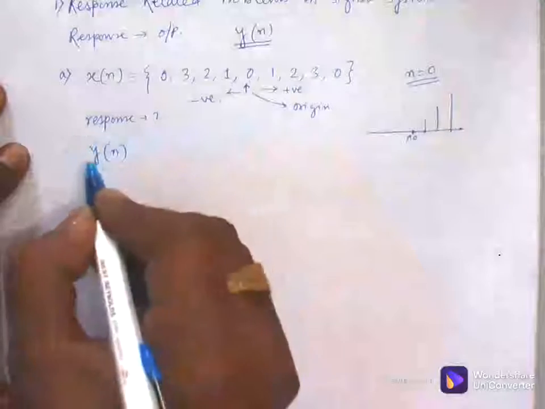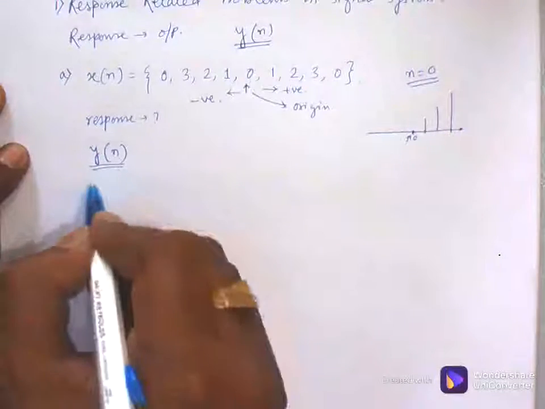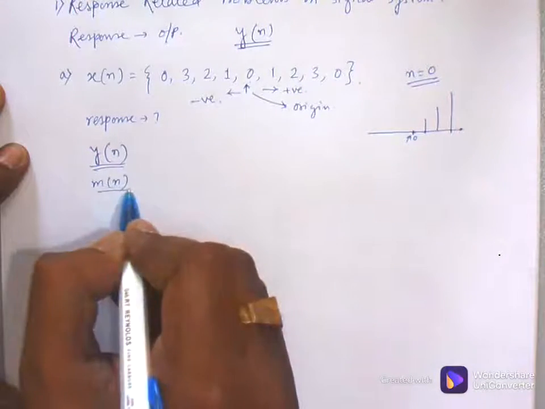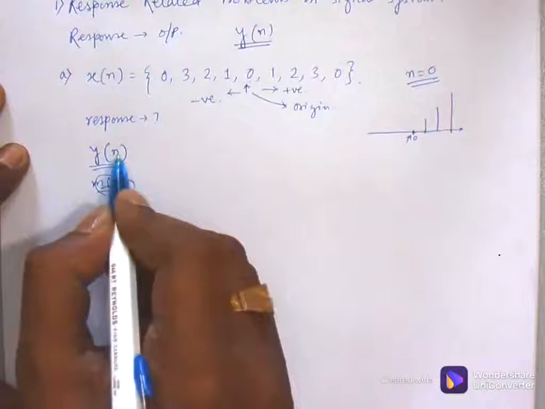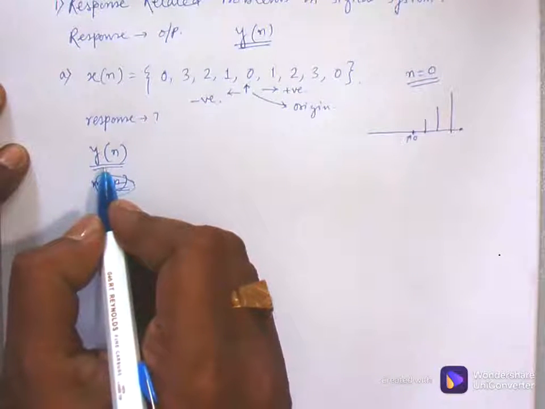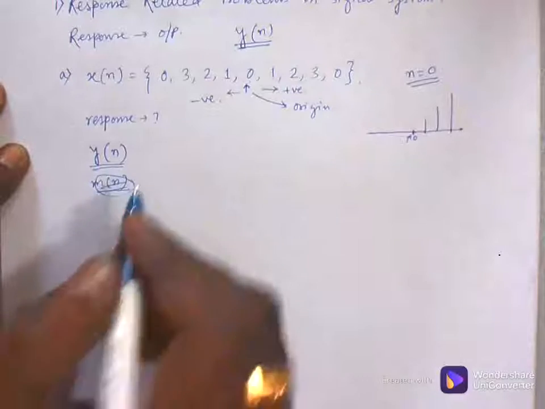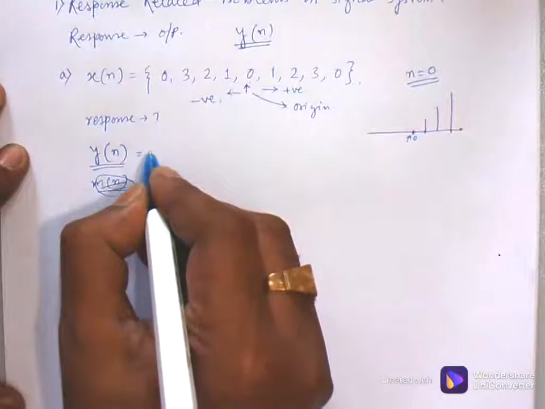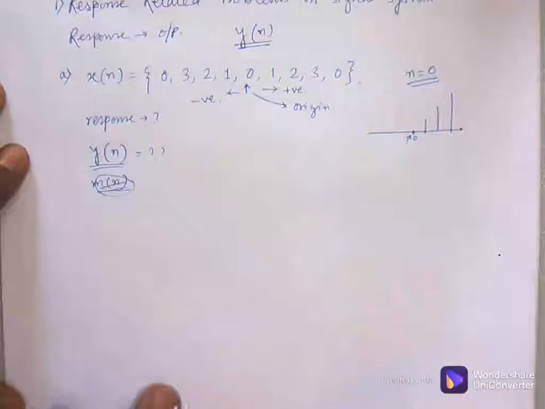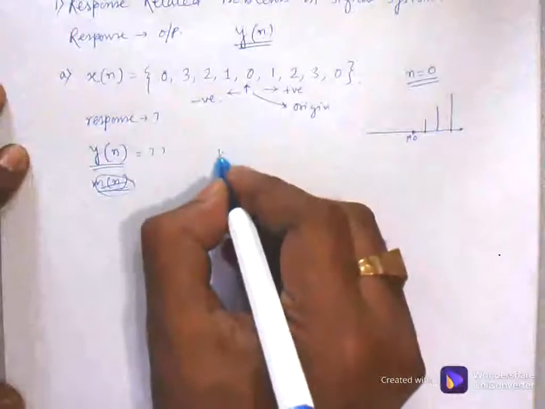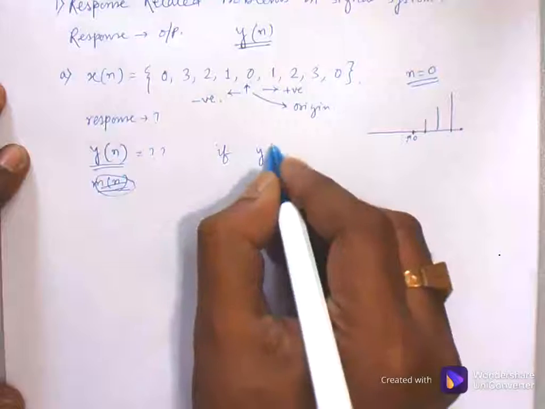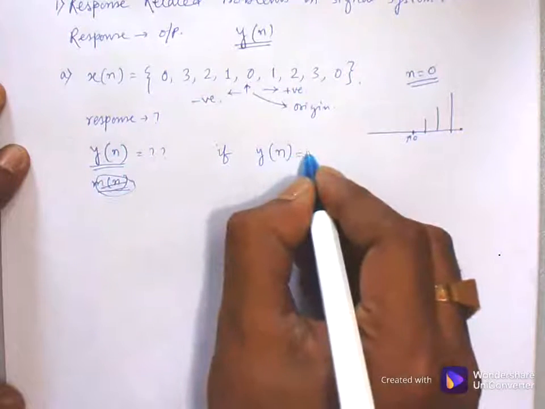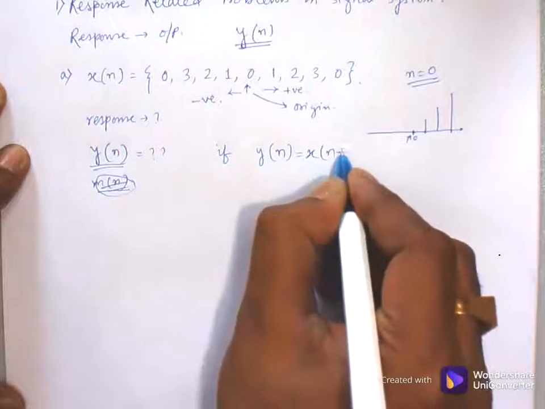Someone can represent the output as m of n, it does not matter, but the traditional, conventional way is y of n. So I have to find out y of n. What would be y of n if y of n equal to x of n plus 1?